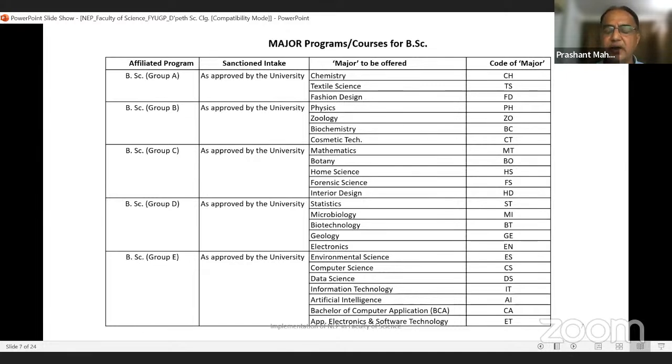So I'm taking that. So physics, if you have taken as major in the first and second semester, then except physics, which is in group B at number 1, you can take the minor from any other group than group B, where the physics is. Okay.